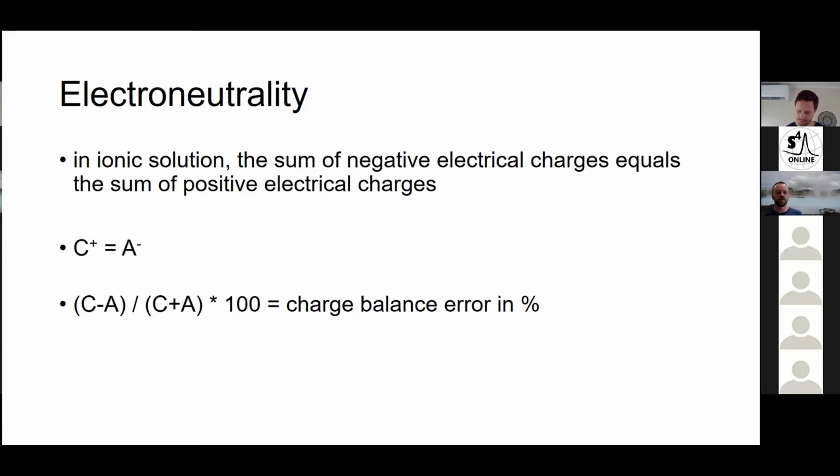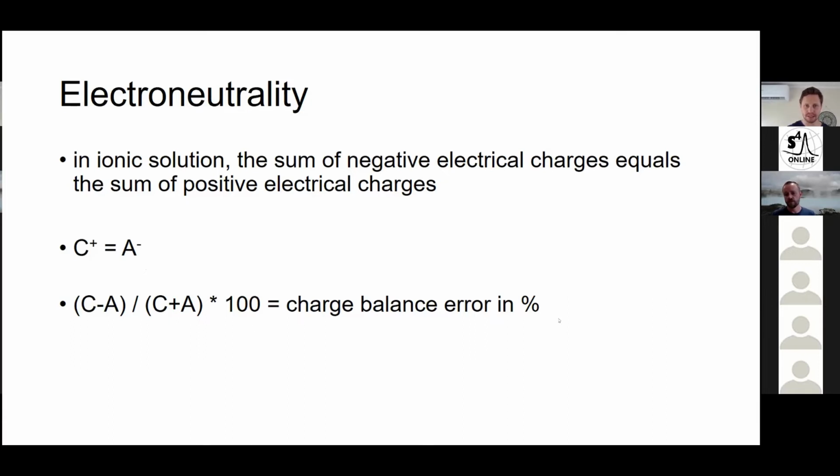And so we can use this as a useful way of firstly addressing how good our analysis is, how good is our chemistry, and then we can use that also to evaluate whether or not the data is suitable for modeling. Because cations should equal anions, there's this expression here, this thing called the charge balance error, which gives you in percent the closeness to electroneutrality that you are.